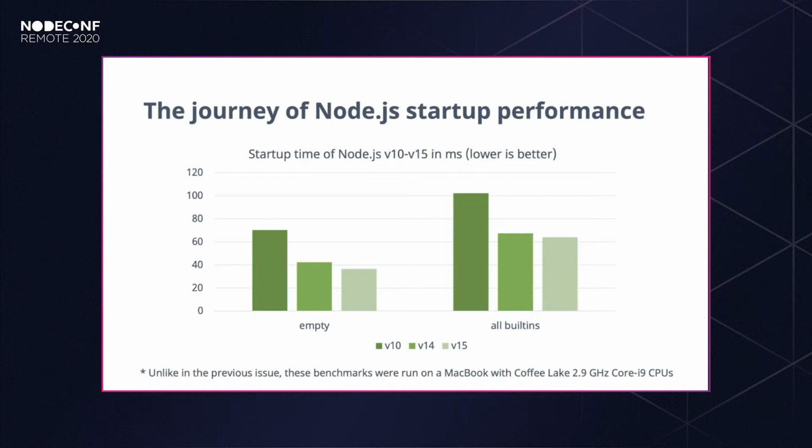The numbers are a bit different from the ones described in the previous issue because this comes from Coffee Lake CPUs, but as you can see, from 10 to 15, we've reduced the load time by around 40 to 50% in both benchmarks.